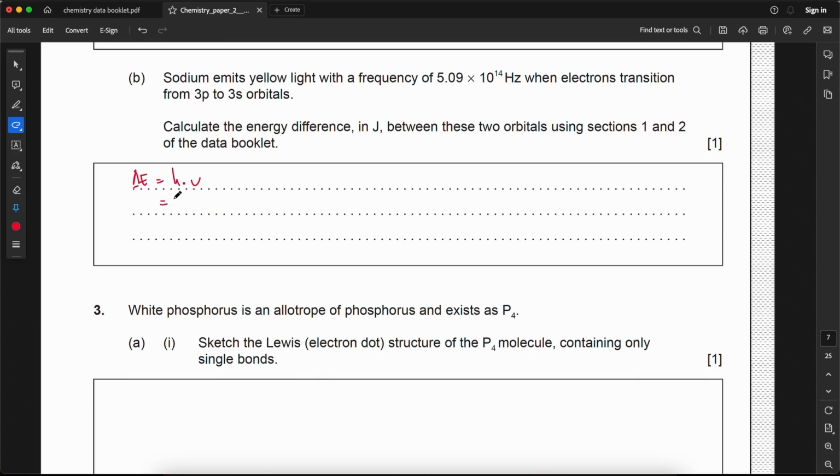So h from the data booklet, section 1, Planck constant, which is 6.63 times 10 to the power negative 34 joule second, times the frequency provided, 5.09 times 10 to the power 14 s to the power negative 1, which is 3.37 times 10 to the power negative 19 joule.